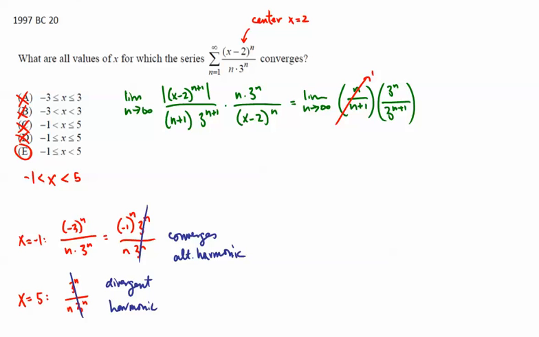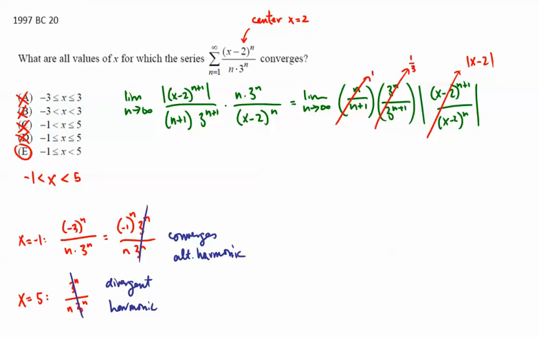And we know that that limit has to be 1/3. And finally, we have absolute value x minus 2 to the n plus 1 over x minus 2 to the nth, and that is going to give us just absolute value of x minus 2.